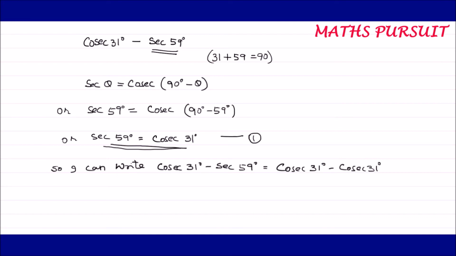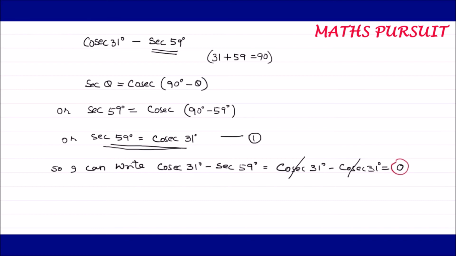So I just replaced it, and you will see that I am getting the value as 0. How 0? Because this is plus 31 degree and this is minus 31 degree, so plus and minus got cancelled and I am just left with 0. So 0 is our answer.